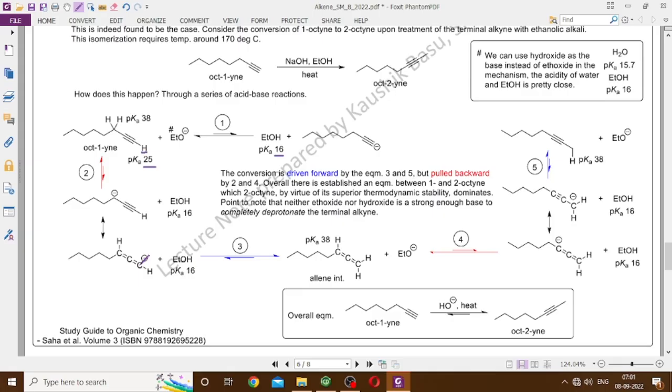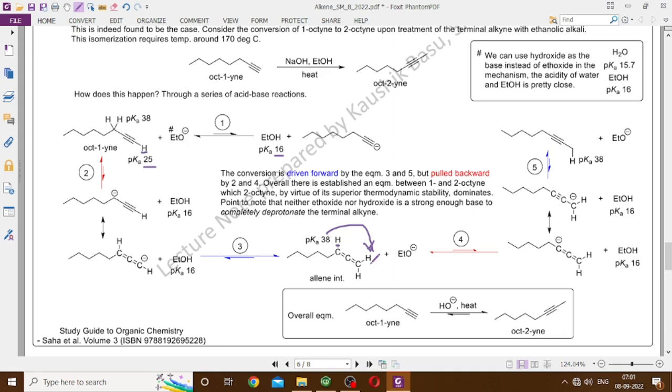That's a base, and you have ethanol in your reaction medium, which is a proton source. So you can protonate it. Let's see how this equilibrium behaves. Ethanol has a pKa of 16, and this hydrogen that you are going to incorporate here, that pKa is also about 38, because that's an alkyne hydrogen.